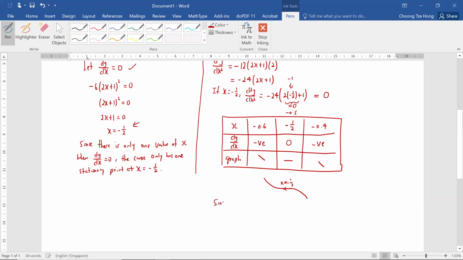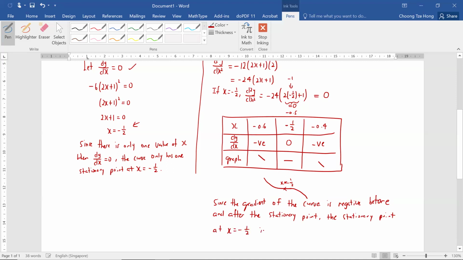So let's write down the answer. Since the gradient of the curve is negative before and after the stationary point, at x equals -half is a point of inflection.